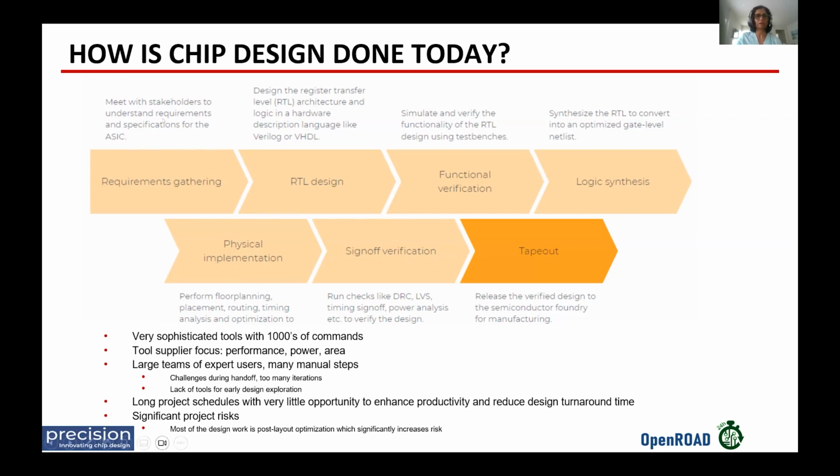And it's at the gate level, beyond which you do what's called physical implementation, which is really laying out this netlist on a chip. And that includes floor planning, placement, routing, including timing analysis and optimization at various steps in the flow. Finally, signing it off with a full chip verification for timing and performance and other key design parameters before it is taped out into the foundry.